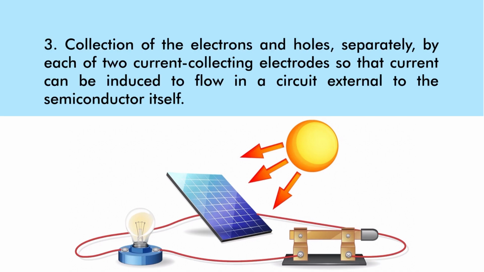Third is collection of the electrons and holes separately by each of two current collecting electrodes so that current can be induced to flow in a circuit external to the semiconductor itself. There are many ways to achieve these conditions. One common approach for separating the electron from the hole is to use a single crystal semiconductor PN junction as discussed above.